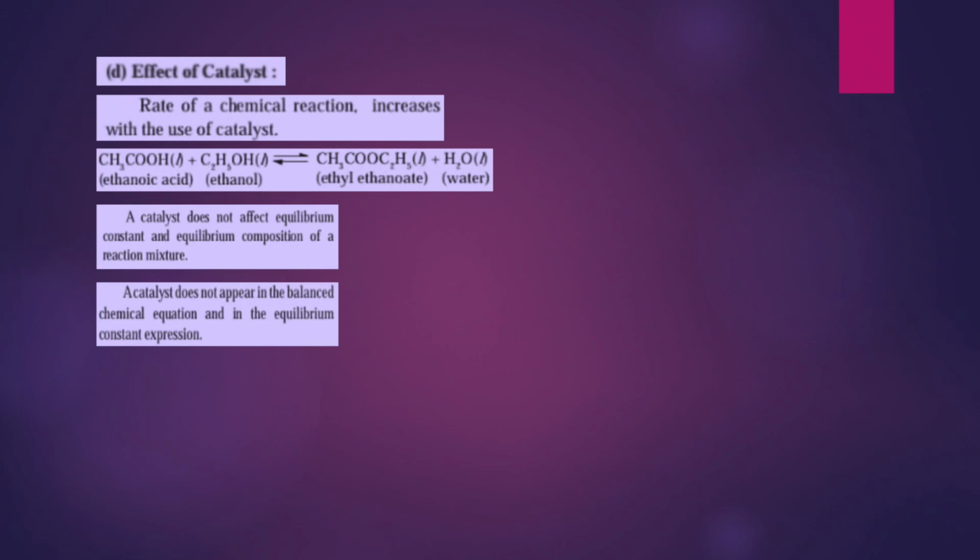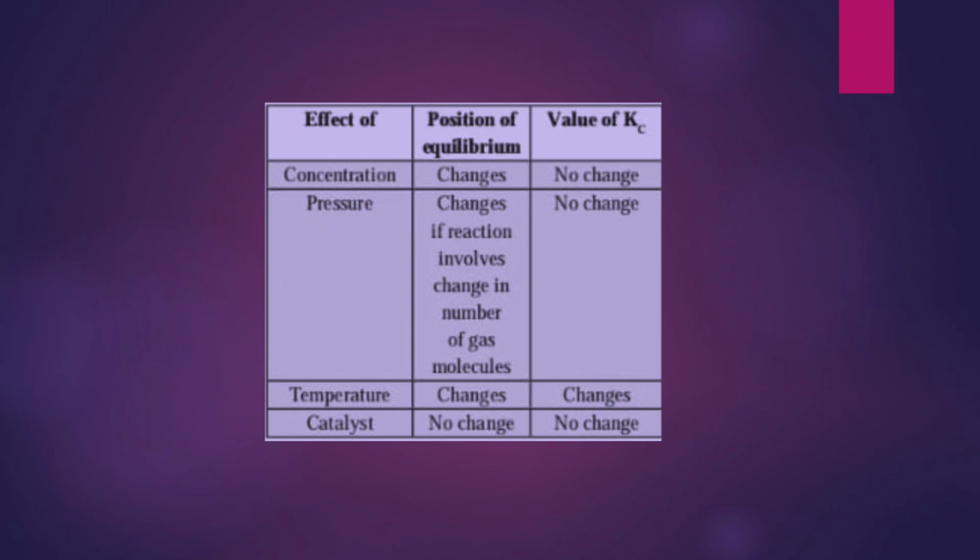Now students, let us summarize the effect of concentration, pressure, temperature and catalyst on the position of equilibrium and the value of Kc. Now see the chart over here. For the effect of concentration, the position of equilibrium changes, and for the value of Kc, there is no change.